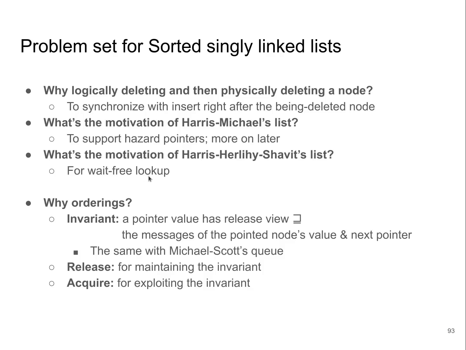It is possible that you may fail to perform the CAS, and if that is the case, you may fail to traverse further. That's the reason why we do Harris-Herlihy-Shavit. We just go over the logically deleted nodes without bothering with them. In that sense, this particular lookup or traversal will be very fast.